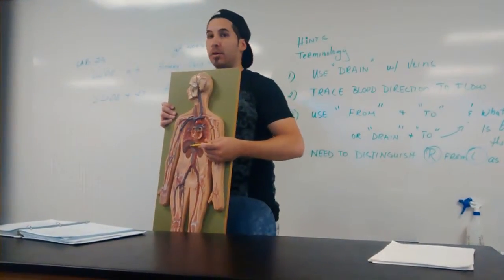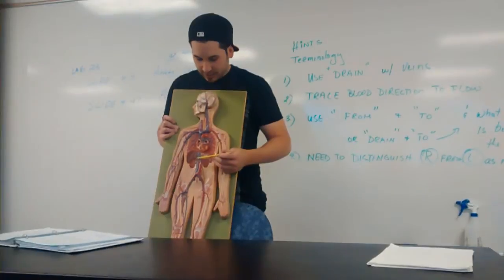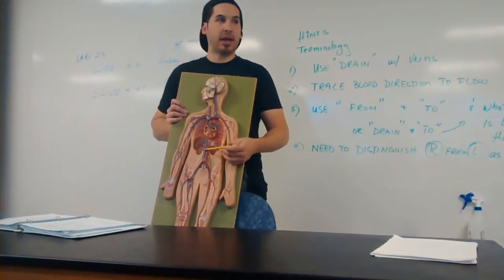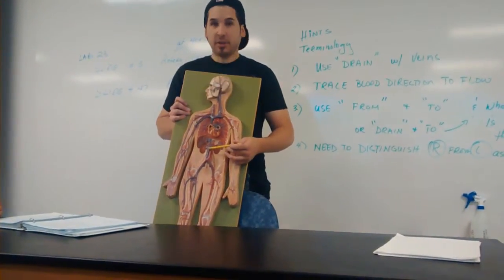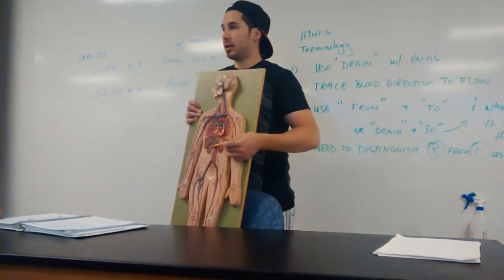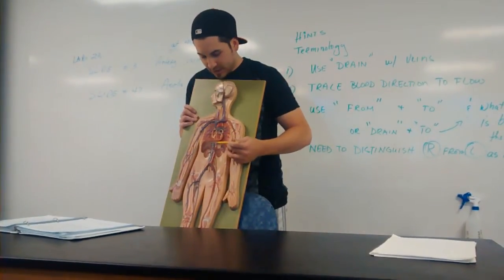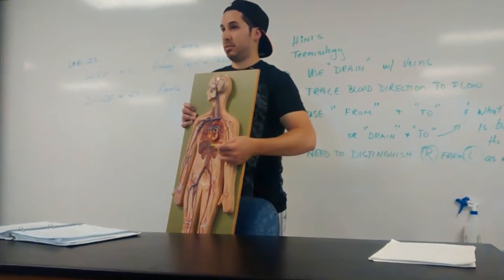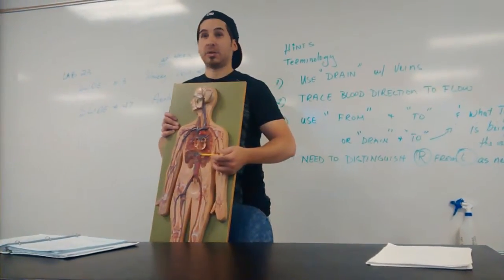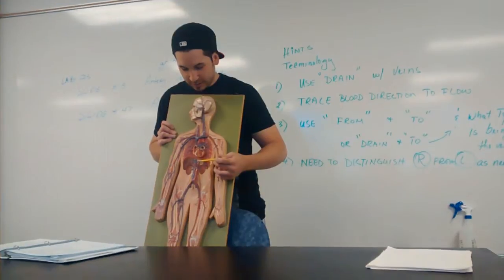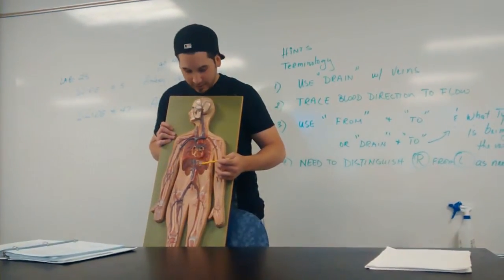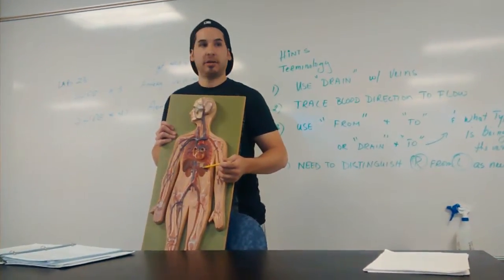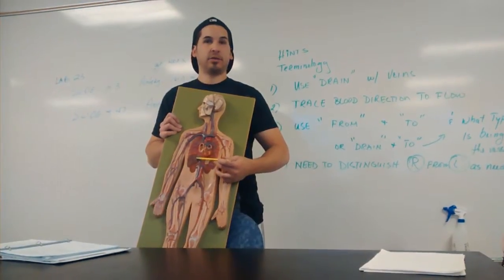So the hepatic portal vein drains deoxygenated blood. It's actually mixed, like with all that other stuff, from the superior and inferior mesenteric. Which one's this one up top? Superior. Which one goes up above, up here in this region? Gastric. Good. And splenic. And it goes into the liver.